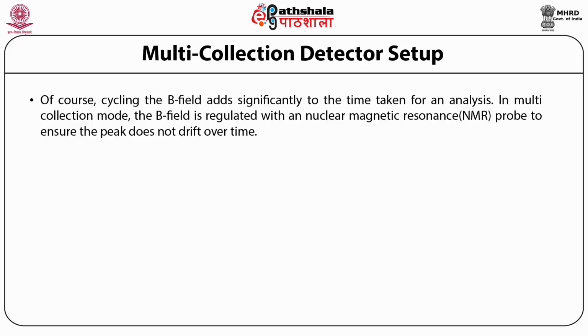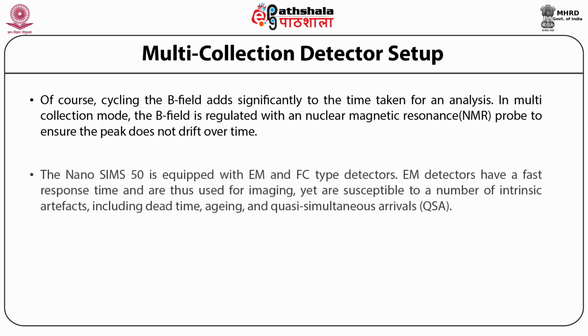In multi-collection mode, the B field is regulated with a nuclear magnetic resonance (NMR) probe to ensure the peak does not drift over time. The NanoSIMS 50 is equipped with EM and FC type detectors. EM detectors have a fast response time and are thus used for imaging, yet are susceptible to a number of intrinsic artifacts, including dead time, aging, and quasi-simultaneous arrivals (QSA).